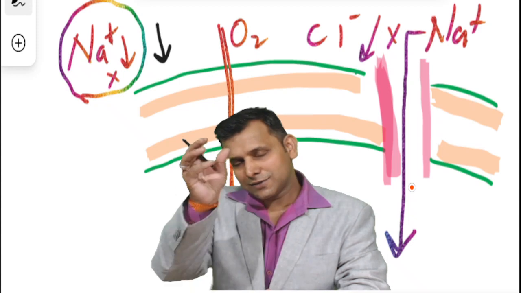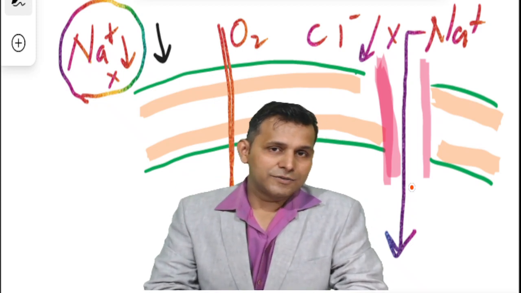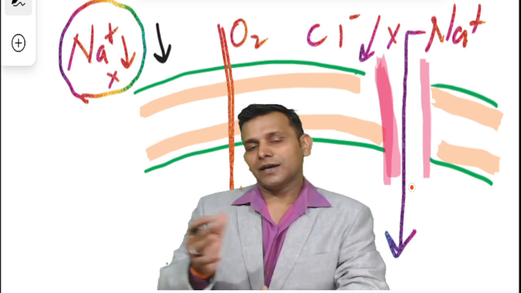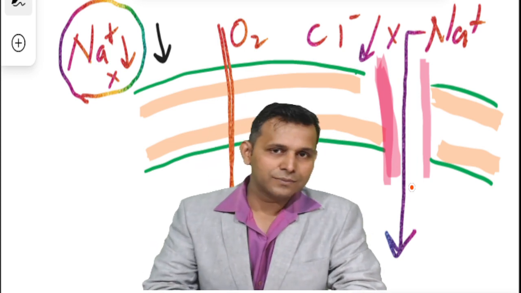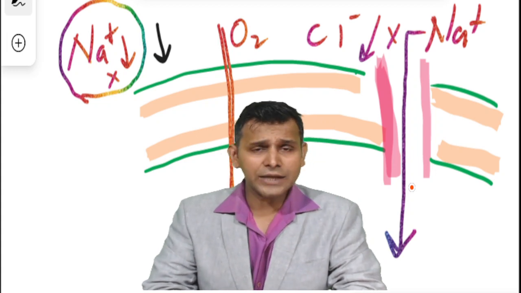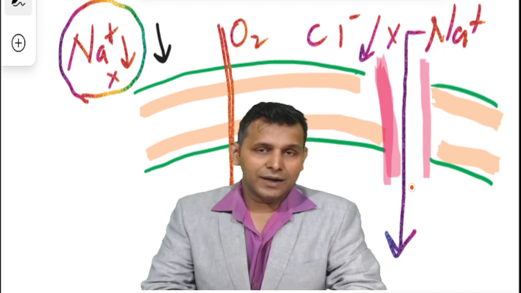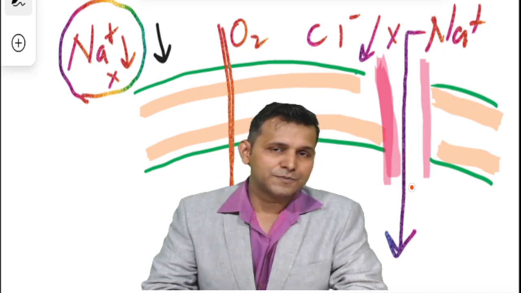So there are channels made up of proteins. These protein channels allow the sodium ions to move. In this way we can have various types of channels for sodium, chlorine, calcium, magnesium, potassium, and various other ions. These channels are very specific, and this further adds to the property of transport across the membrane.